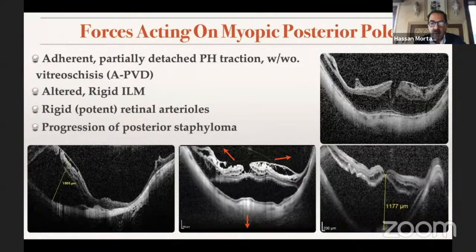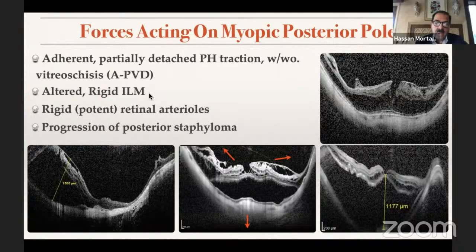So what is occurring in the posterior pole in eyes with pathological myopia? There is adherent partially detached posterior hyaloid with traction and with or without vitreoschisis or splitting of the posterior cortical layer, what we call the anomalous posterior vitreous detachment.